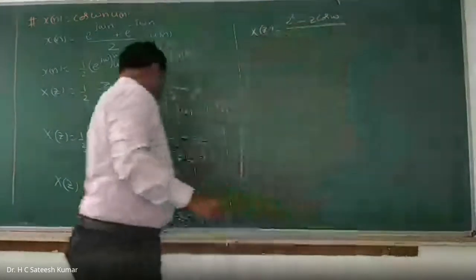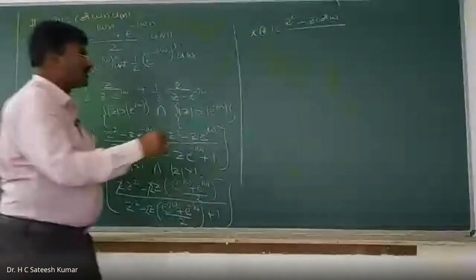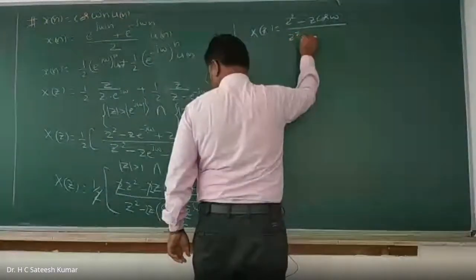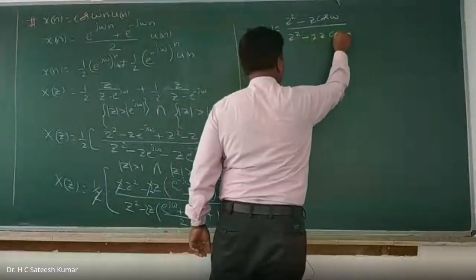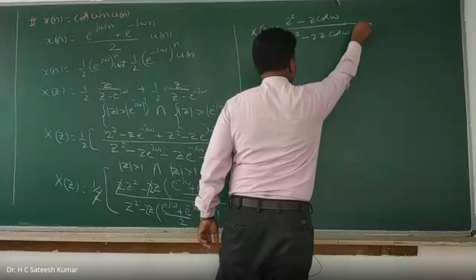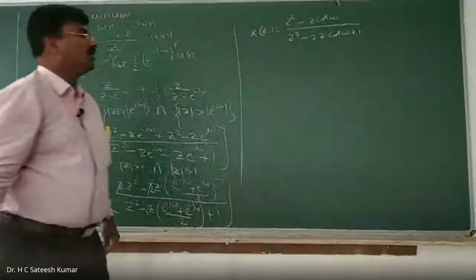This is cos omega, we can write it, divided by z square minus 2z cos omega plus 1.